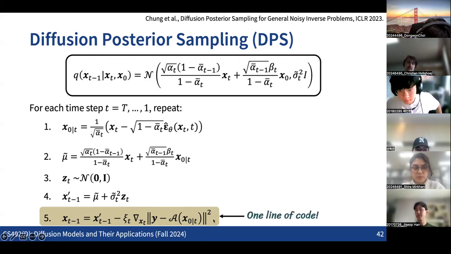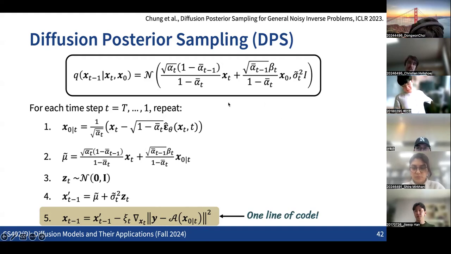So by just adding one line of code in the denoising process, we can expect outputs which satisfy the condition given with the measurement y in the inverse problems. Is it clear?